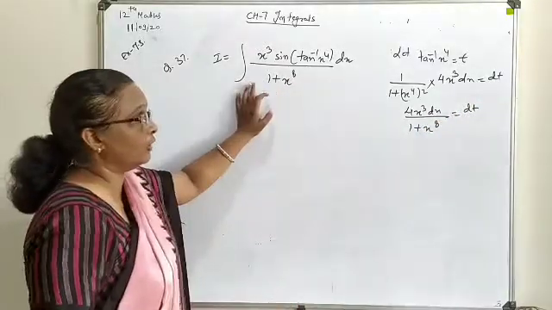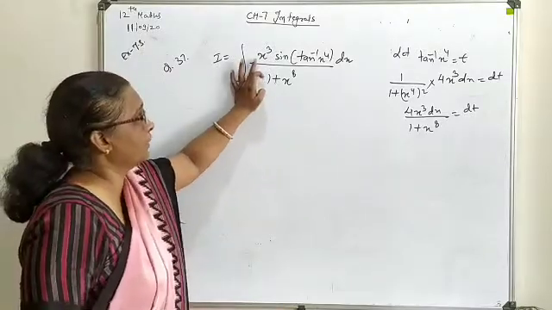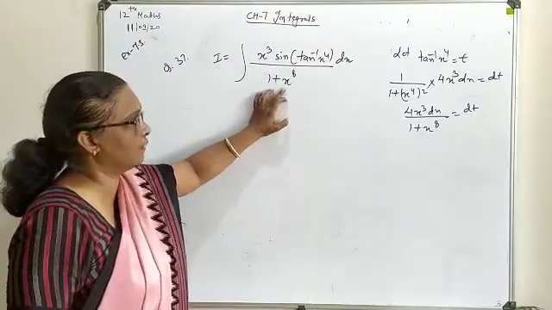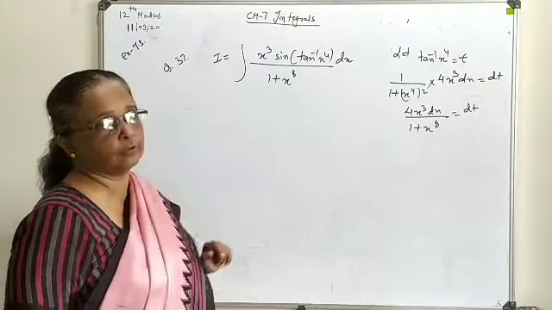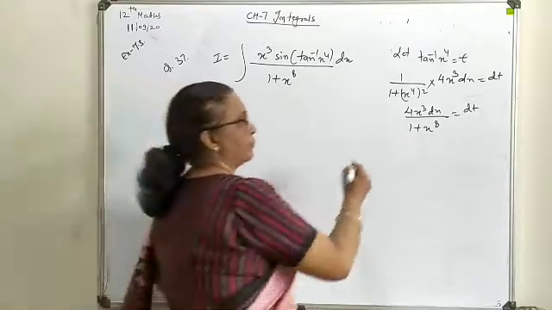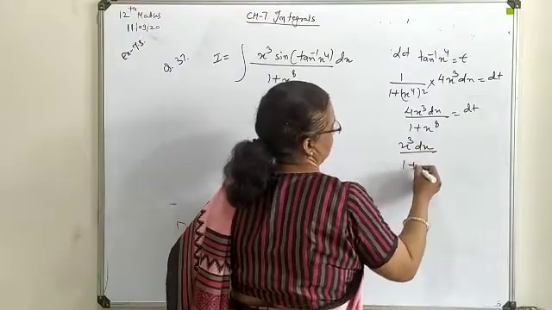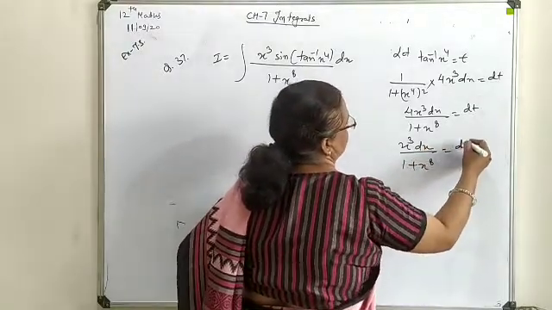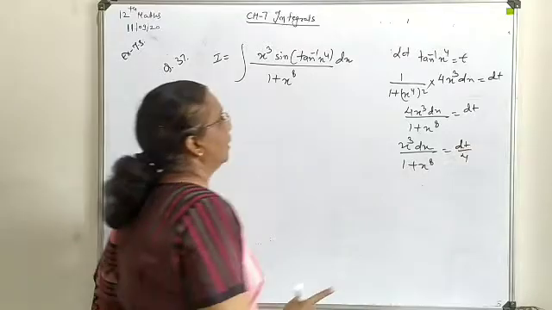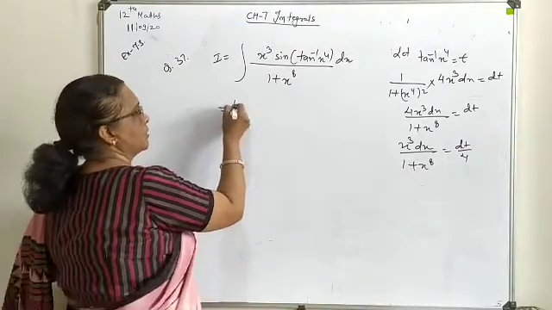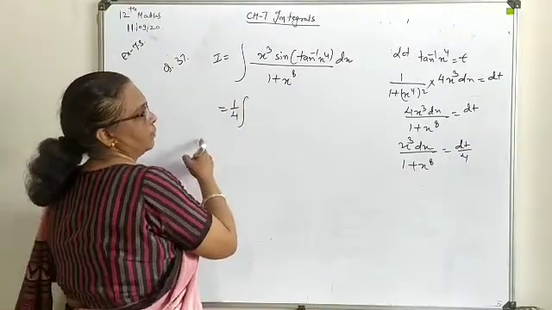Now what term do we require as a dt form? x cube upon 1 plus x power 8. So this 4 we have to keep under the dt, so make it separate out. Now get the whole question converted. This is a constant, keep it outside.